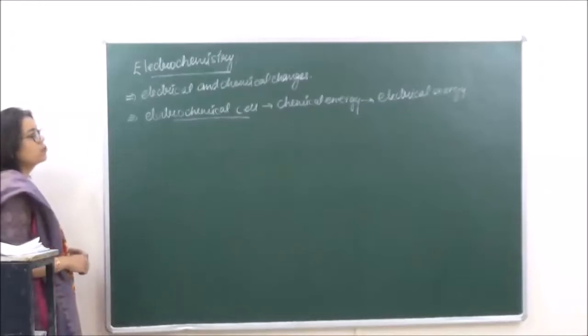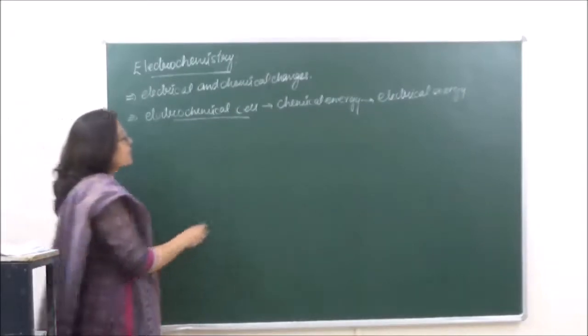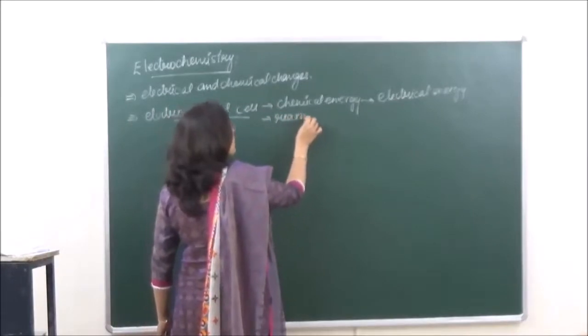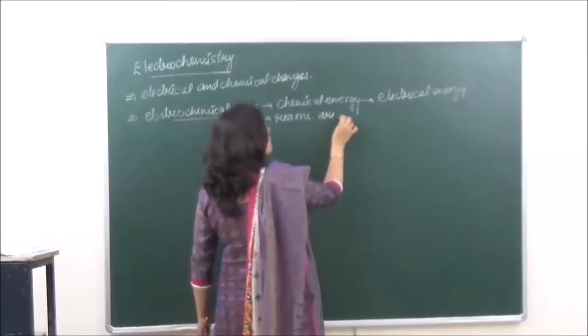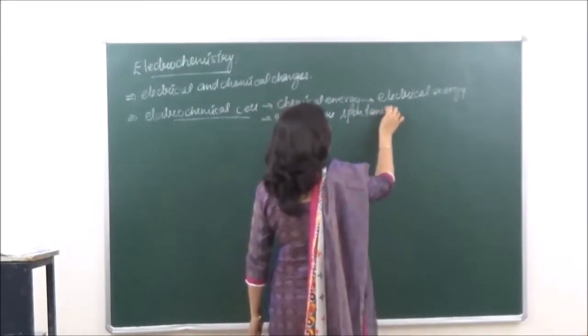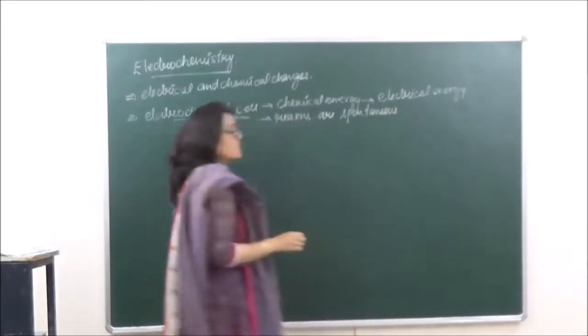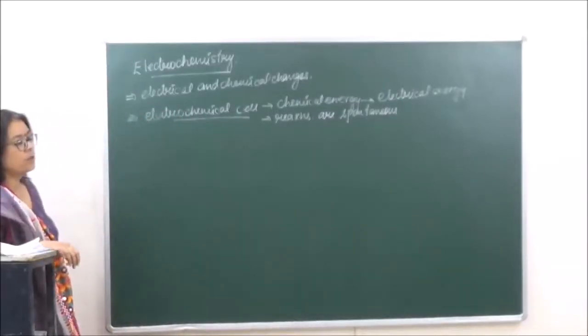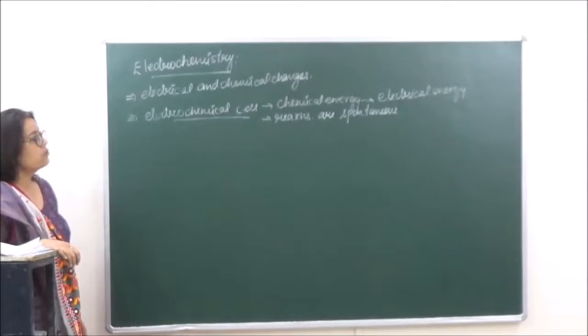That is what an electrochemical cell is. Now in this case, the chemical reactions which are taking place are spontaneous in nature. That is, the reactions take place on their own, as a result of which the flow of electrons will start and current will start flowing through the cell.